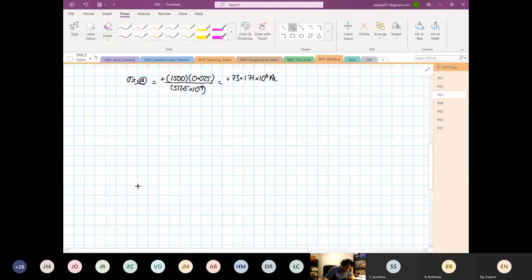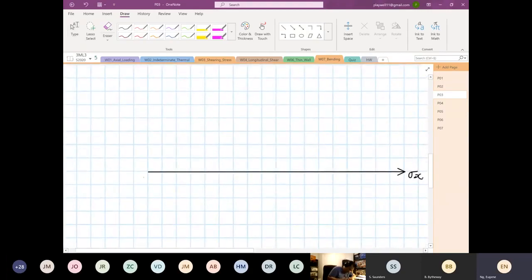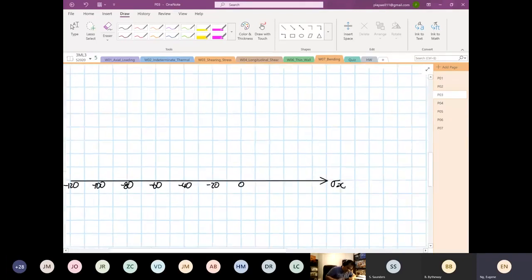So this is my stress in the x direction. I'm going to go for minus 120, 100, 80, 60, 40, 20, then 40, 60 and 80.